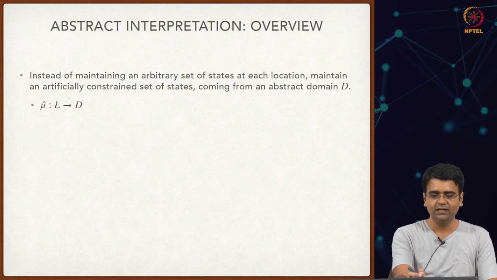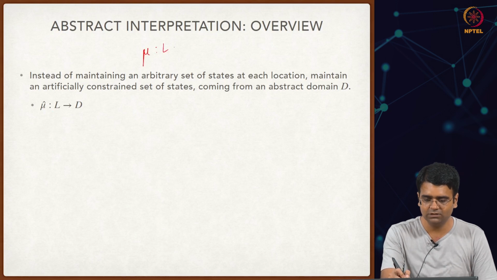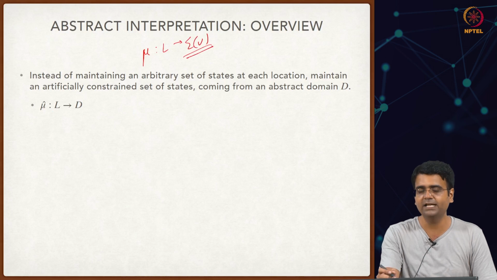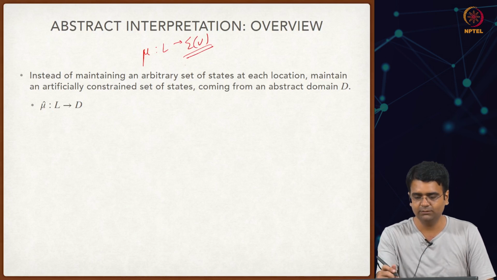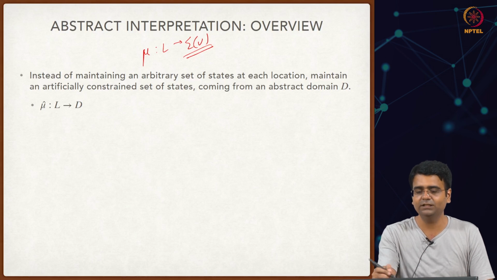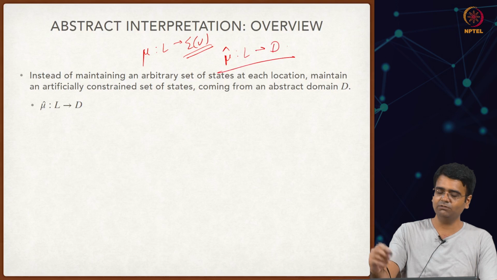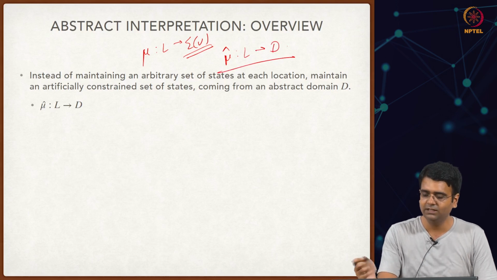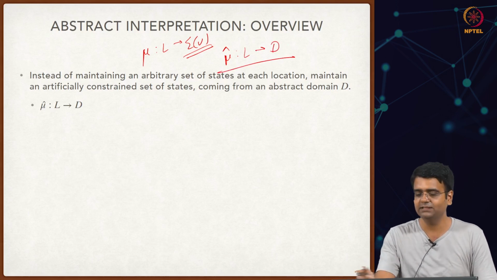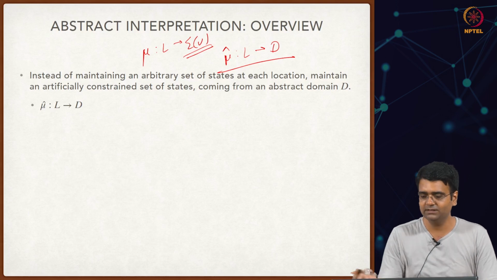Earlier it was mu, from L to this sigma v, but now we have given up on finding the exact set of reachable states at every location. Instead, we approximate it using this abstract domain D. So the abstract inductive assertion map will be from L to D. With every location we associate an element from D, and this element will over approximate the set of actual reachable states at that location.